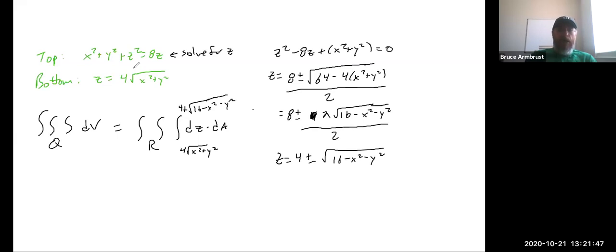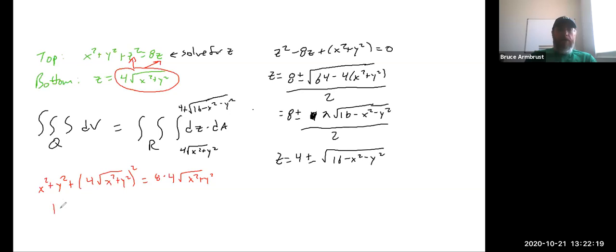So I'm going to go ahead and just plug this in for the z's. So we're going to get x squared plus y squared plus 4 minus the square root of x squared plus y squared, squared, equals 8 times 4 square roots of x squared plus y squared. And let's see if we can make that a little bit prettier.